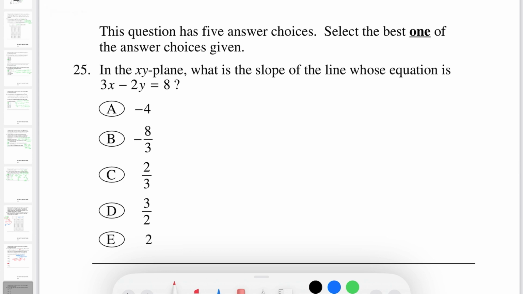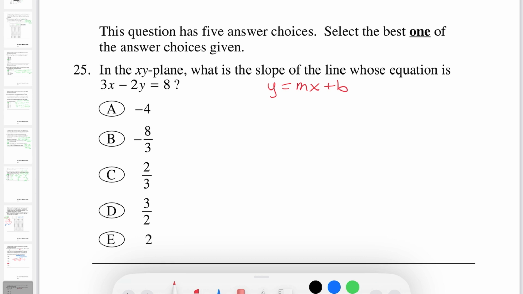All right, and our final problem for this section. In the xy plane, what is the slope of the line whose equation is 3x minus 2y equals 8? So the nice thing about the equation of a line is all we have to do is arrange it in the right order, and we will see the slope without having to do much else. We don't need to know points or anything about the line. So I need to arrange it into the y equals mx plus b form of a line.